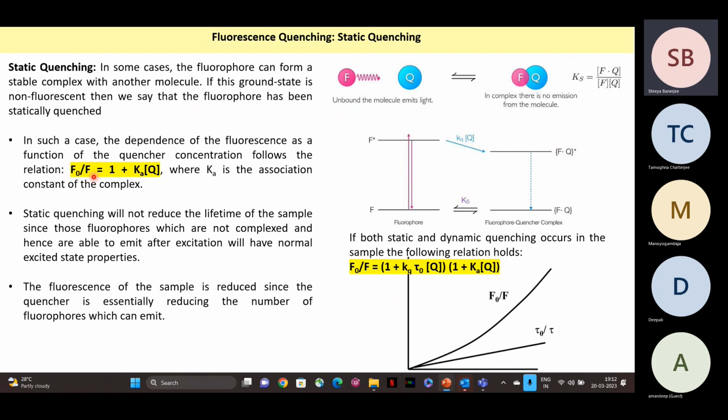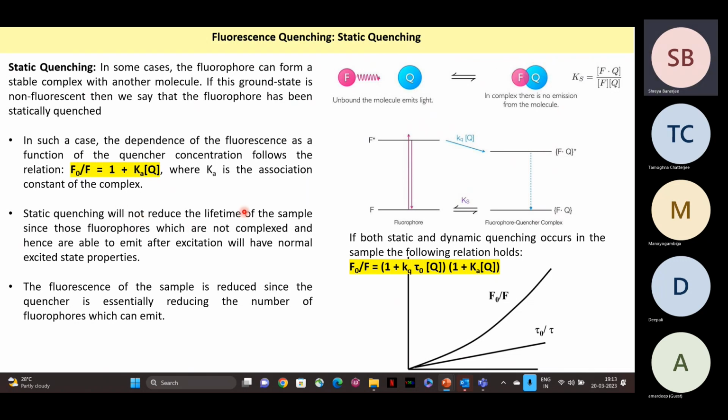So F0 by F is 1 plus Ka Q, where Ka is the association constant of the FQ complex and Q is the quencher concentration. In static quenching, basically the free fluorophore emits fluorescence. But once it couples with the quencher, the fluorophore quencher complex does not have any fluorescence. So fluorescence is quenched when the complex is formed.